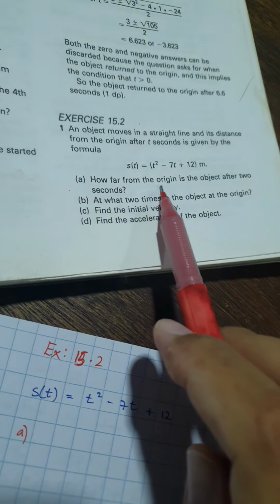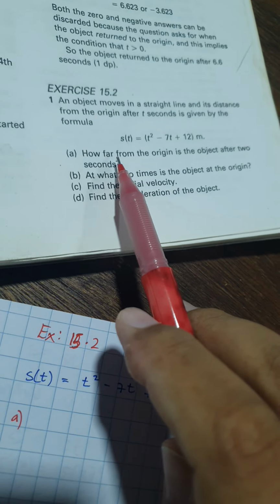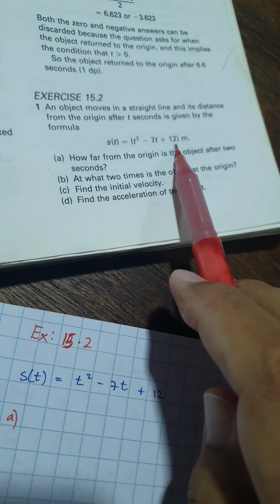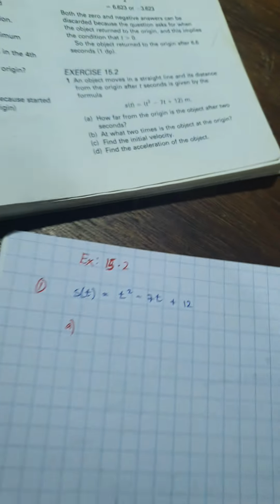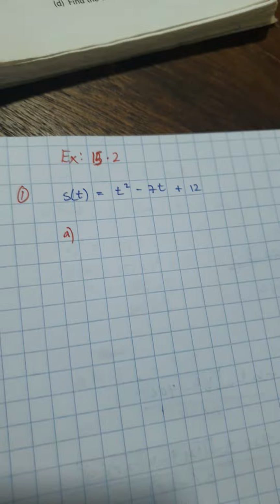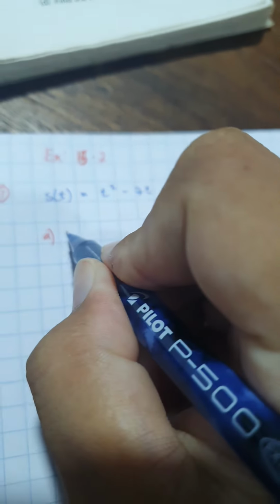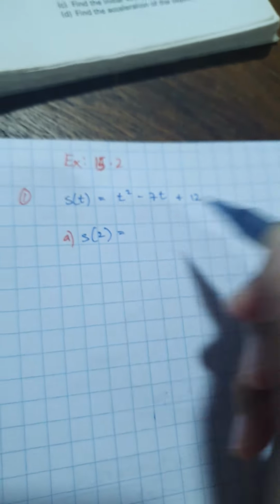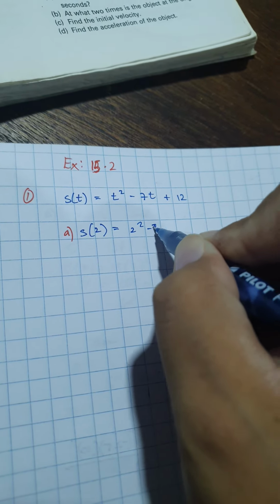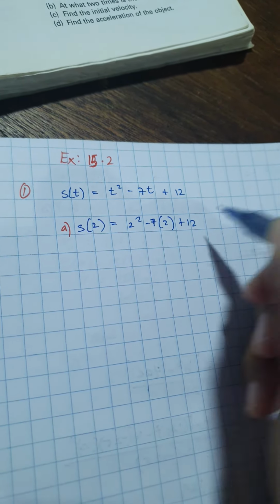If it asks how far, you are talking about distance, so you are talking about this equation. After 2 seconds, just sub in the 2 in the equation. So we sub in 2 for time: 2 squared minus 7 times 2 plus 12.